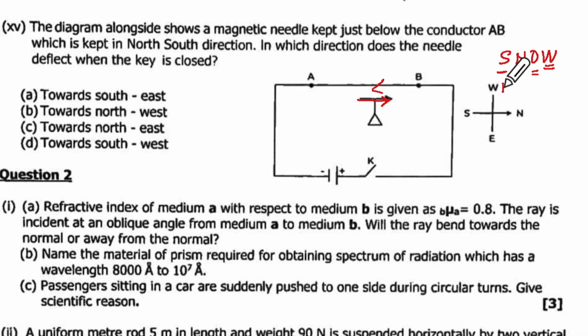So if it is NSO, it will be east. Agreed? So if the current is going from B to A, then the north pole is going to turn east. So towards what it is? Where is east? It is going to go this way. Which east?